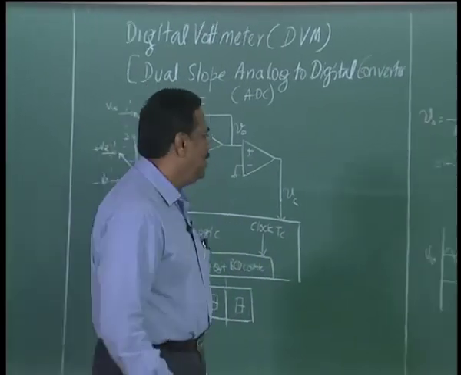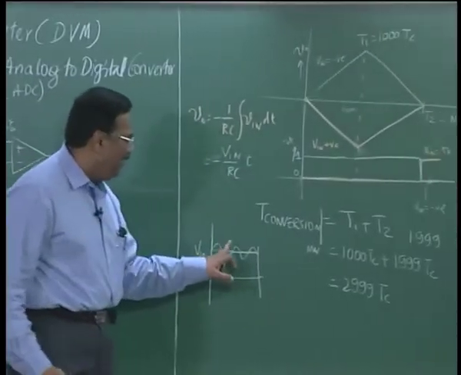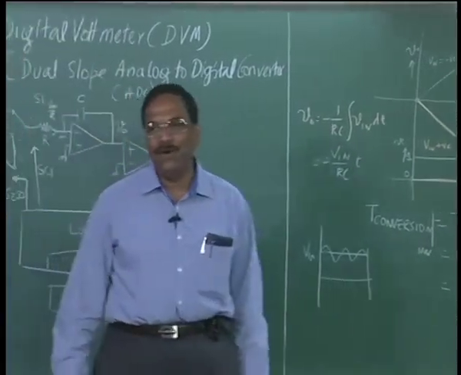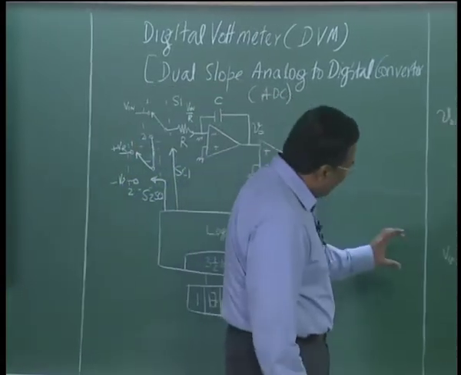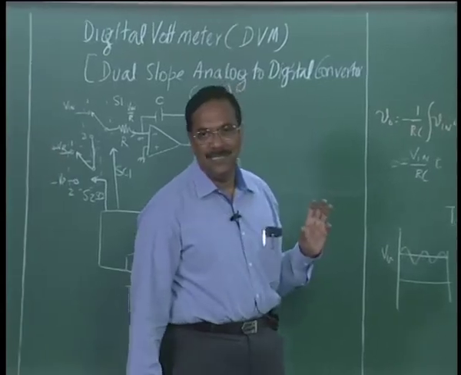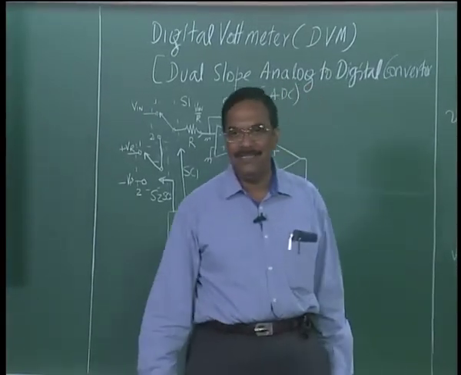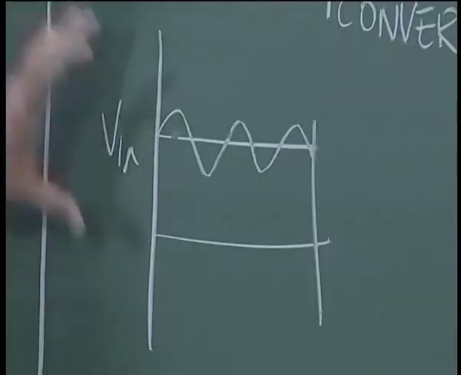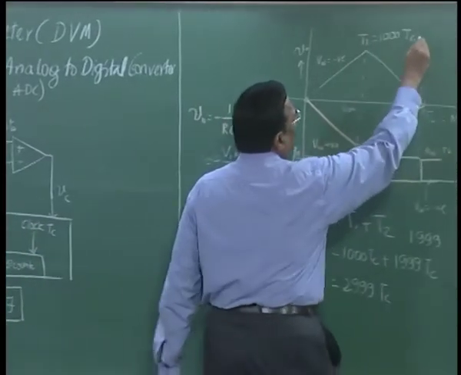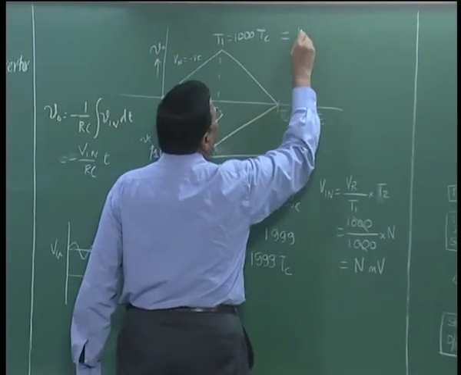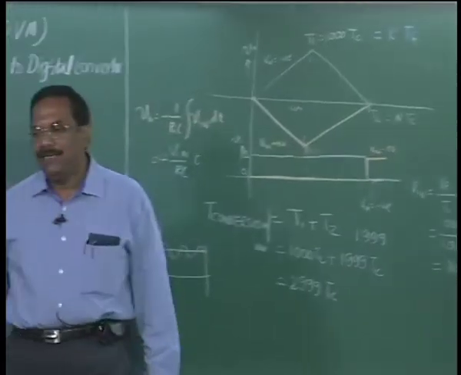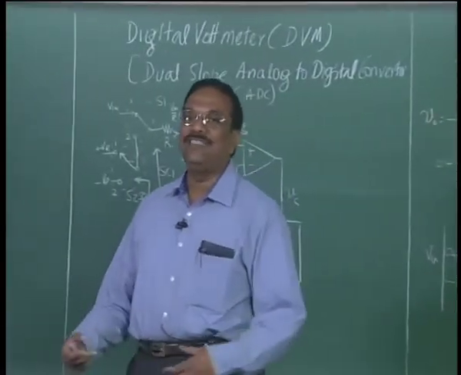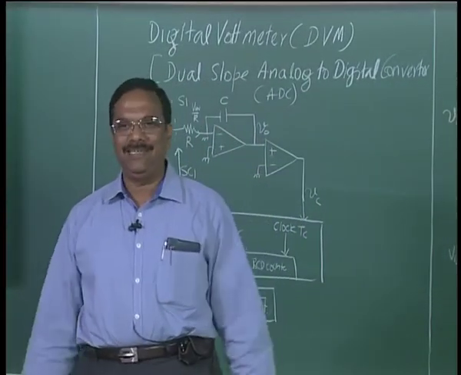For a sine wave, the positive area and the negative area at the end of one full cycle would cancel. So if I know my interfering signal is power frequency, let us say in India we have 50 hertz, then I make T1 equal to k times Tf, where Tf is the power frequency time period, in this case 20 millisecond.